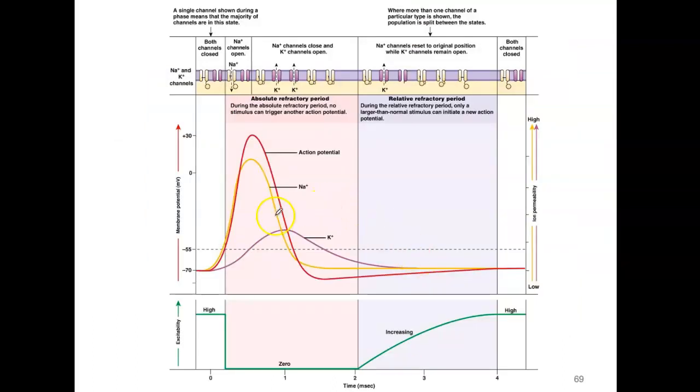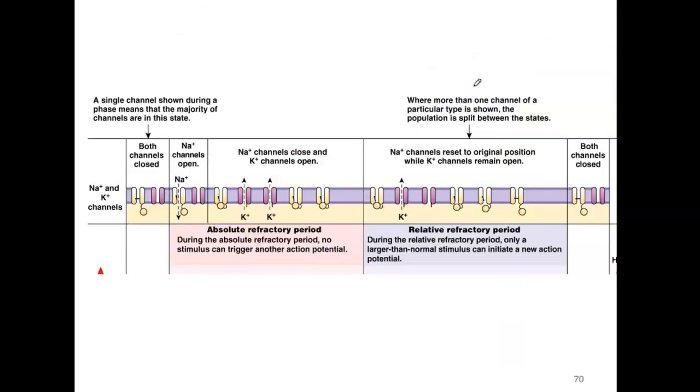This graph is from your book where still I showed you the same graph, and then I showed you what's happening here with the channels. That's kind of hard to see, so I'm going to enlarge it for you. Imagine this sequence of events. At first, both channels are closed, sodium and potassium channels. So nothing's happening.